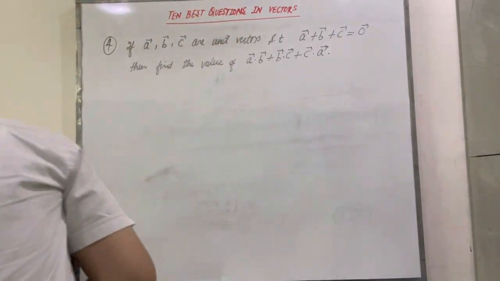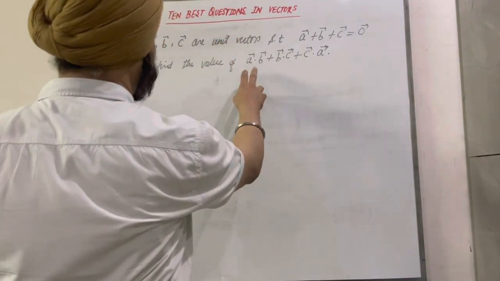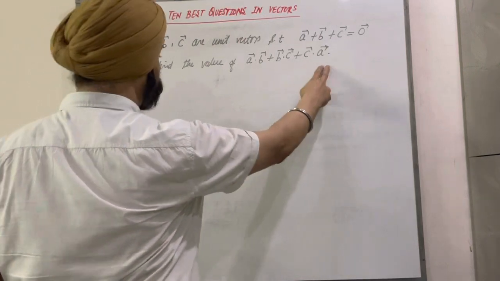You have to find the value of vector A dot vector B plus vector B dot vector C plus vector C dot vector A.